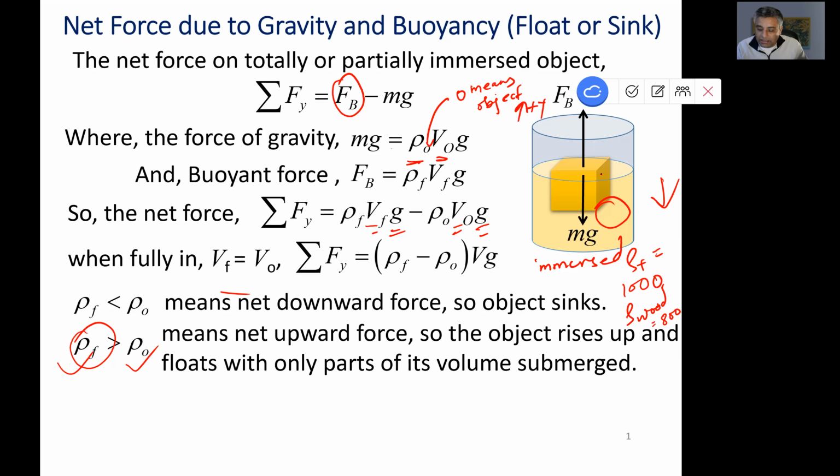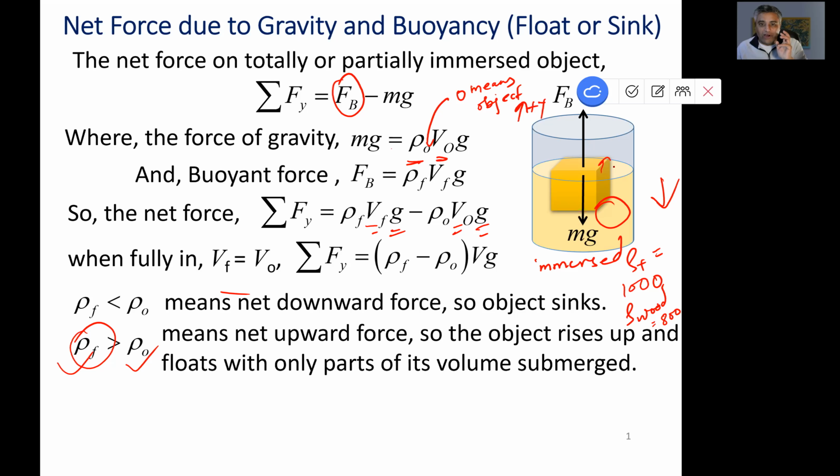And as it starts coming out of the water, the net force becomes smaller. Why? Because the volume of the object is no longer equal to the volume of fluid displaced. The fluid displaced becomes smaller than the volume of the object, because only part of the object is now inside the water.